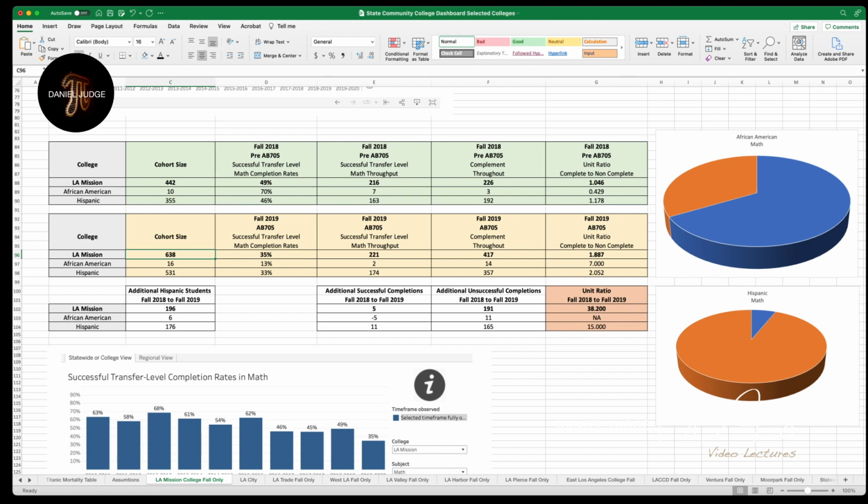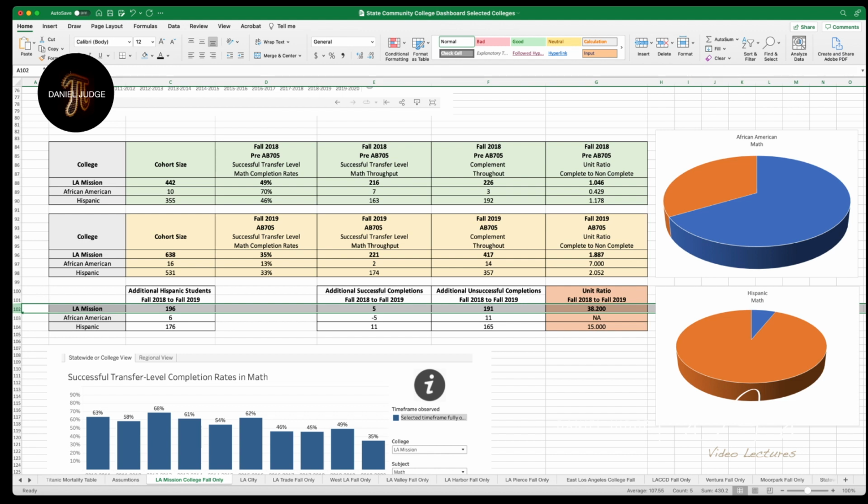And so you say, what do we mean by this access? They're able to take the course. So at LA Mission, for example, once AB 705 went into effect, we had an additional 196 students. And ladies and gentlemen, that's a good thing. We like that because we gave access. Now, let's see what happened with that access going from pre-AB 705 to AB 705 that first year.